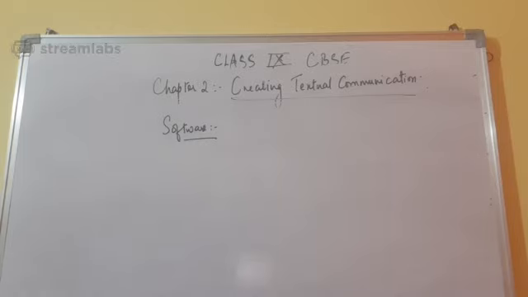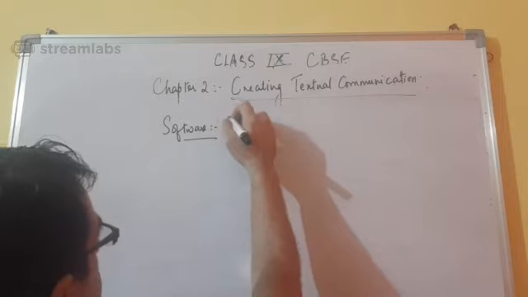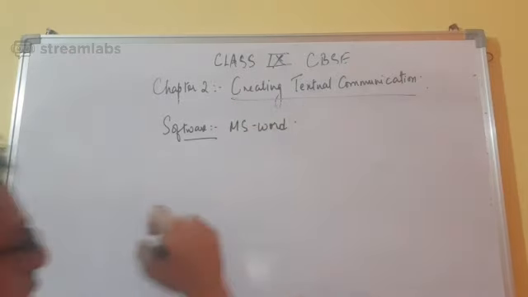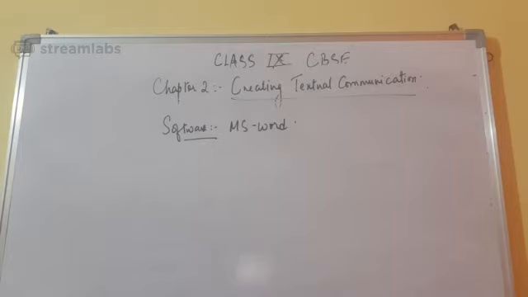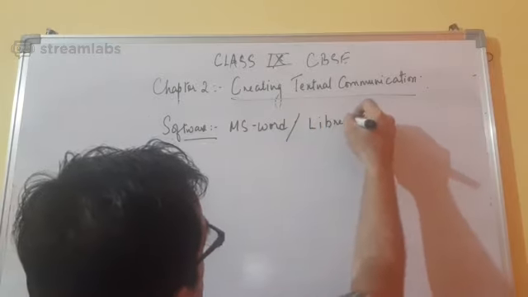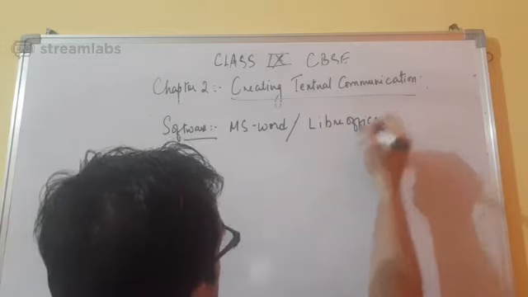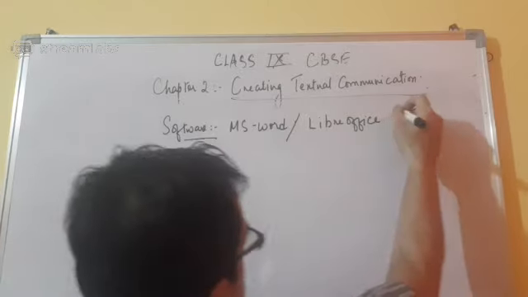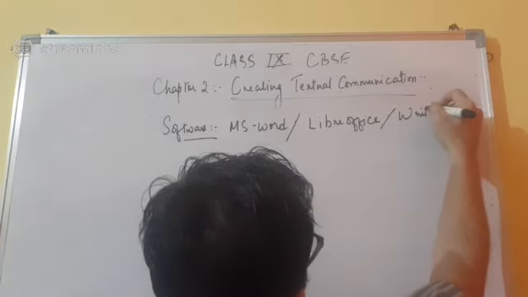For writing purposes, the obvious choice will be your MS Word. Okay, and many other software are also there, like LibreOffice. Okay, it's a kind of open office. Another kind of software is there, Writer.